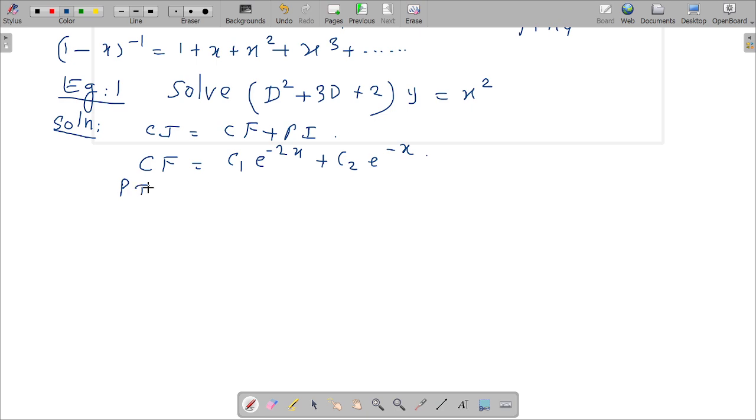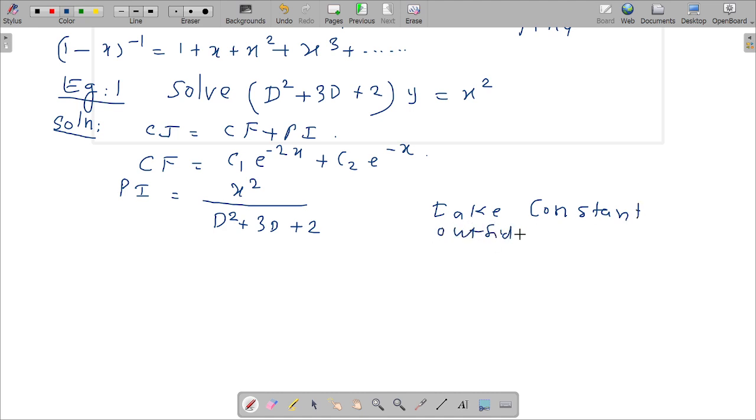It is very important how to take the value outside in the denominator. Now just listen. x square divided by D square plus 3D plus 2. Very simple: take the constant outside in the denominator, whatever the constant is.